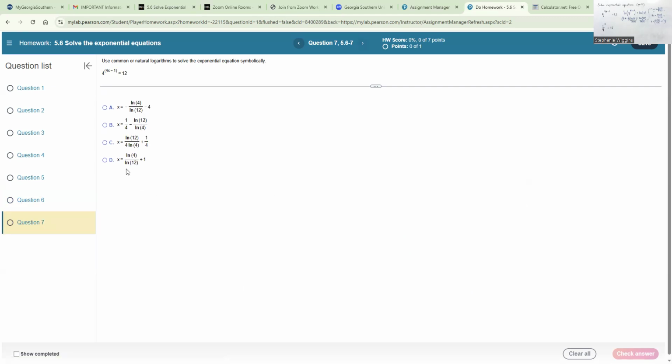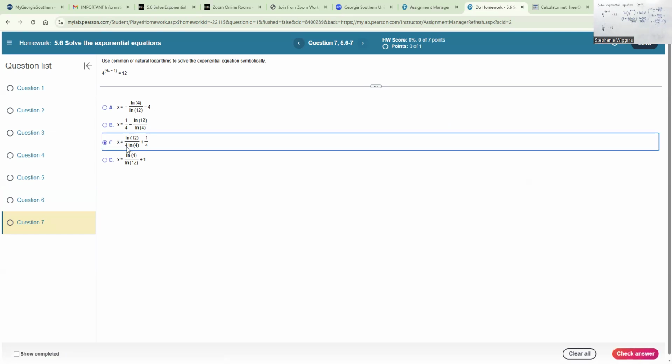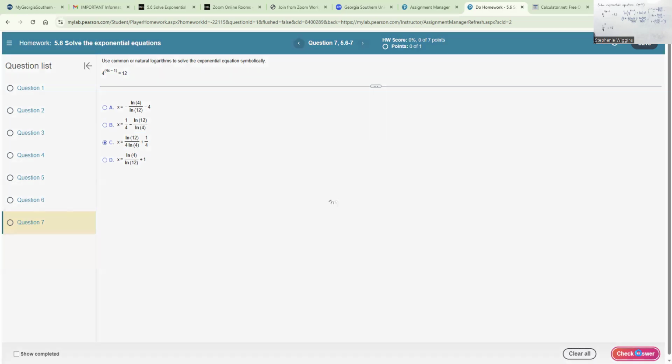Mine has a 13, this problem has a 12 in it. You're going to have to get it in the right form. It looks like C is the correct answer, because you can see I'm dividing by 4 here and dividing by 4 there. So C is the correct answer. My problem had a 13 in it, this one has a 12, but that's how you do those problems.